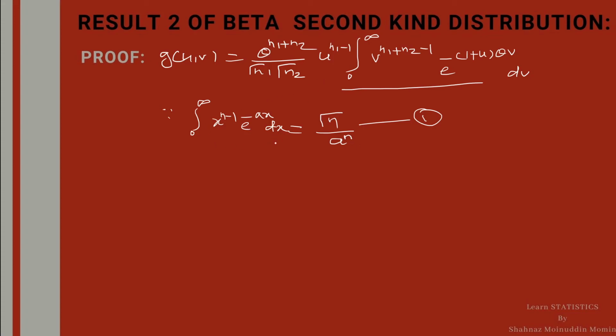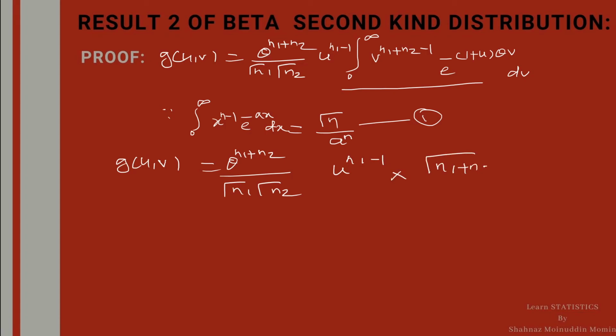By comparing our integral with equation number 1, we get g(u) is equal to theta raised to n1 plus n2 upon gamma n1 gamma n2, u raised to n1 minus 1, multiplied by gamma n1 plus n2 upon theta into (1 plus u) raised to n1 plus n2.